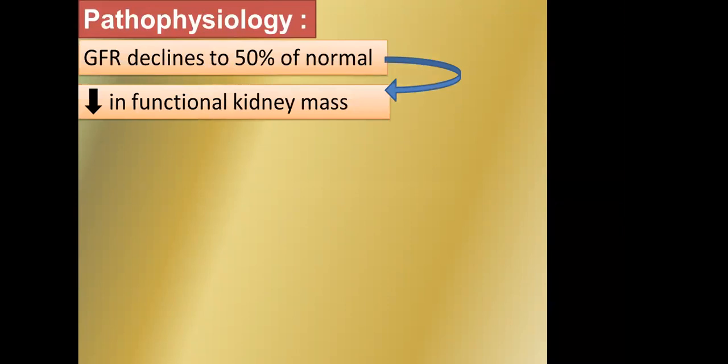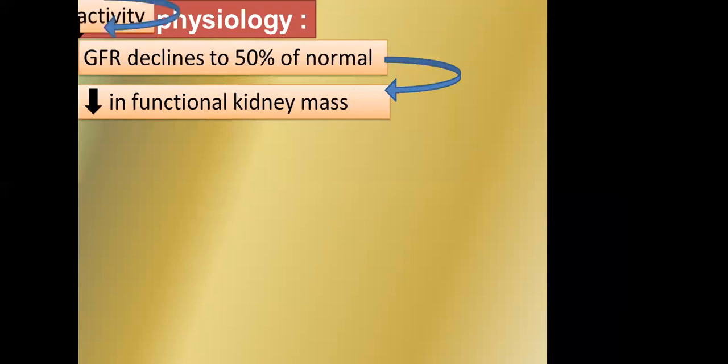Functional kidney mass means the glomeruli and the tubules, which are important for the secretion and reabsorption of materials or electrolytes.